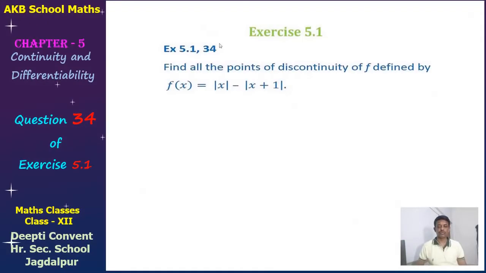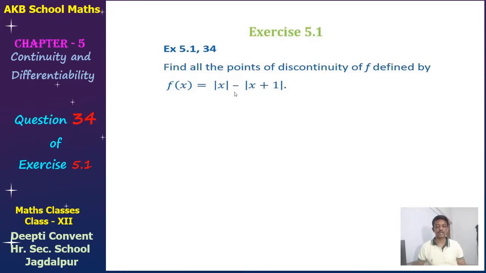Question 34 of exercise 5.1. In this question, modulus functions are given. Find all the points of discontinuity of f defined by f(x) equals mod x minus mod x plus 1.